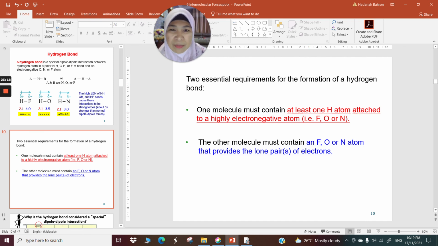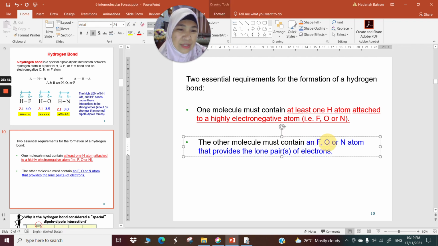The first is that one molecule must contain at least one hydrogen atom attached to a highly electronegative atom, either fluorine, oxygen, or nitrogen. The second condition is that the other molecule must contain a fluorine, oxygen, or nitrogen atom that provides a lone pair of electrons.